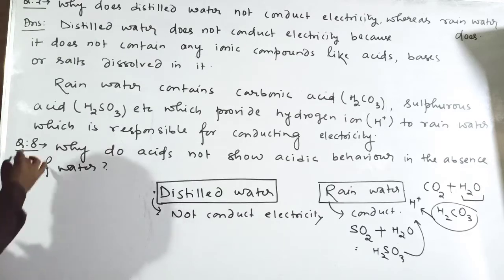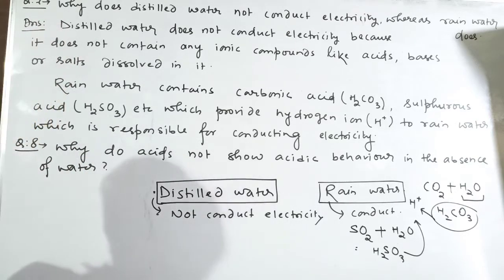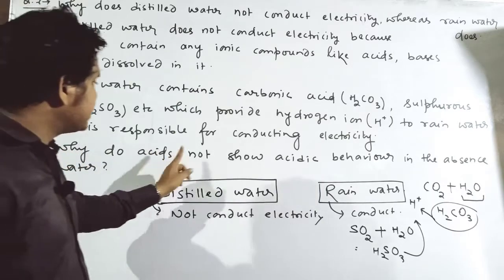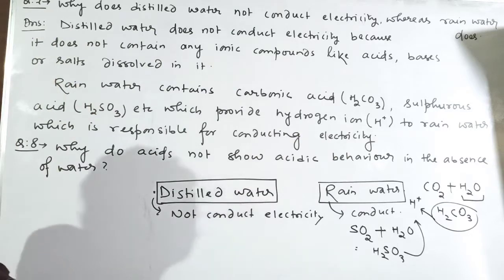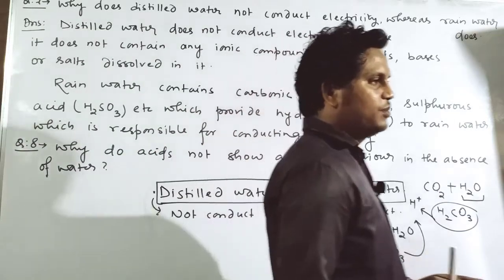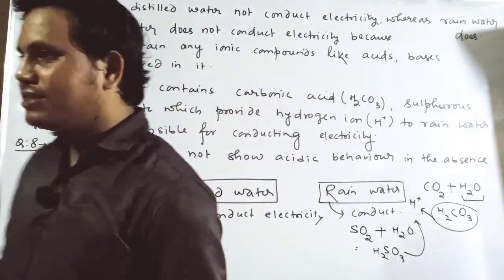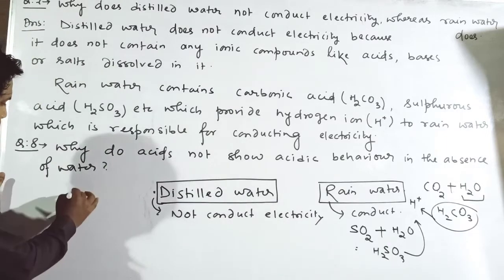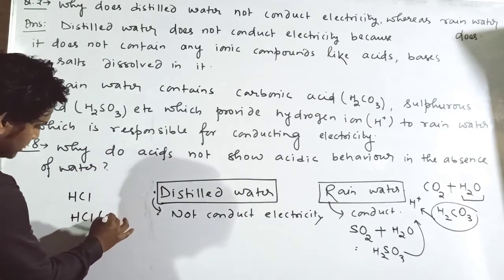Okay. Next, question number 8. In 8 it is asked, why do acids not show acidic behavior in the absence of water? If water is not present, acid will not be there. Suppose HCl and HCl aqueous.